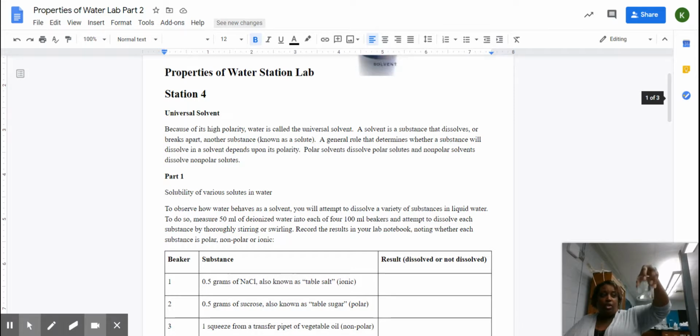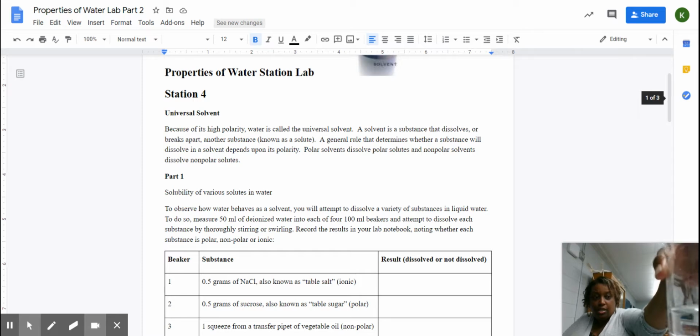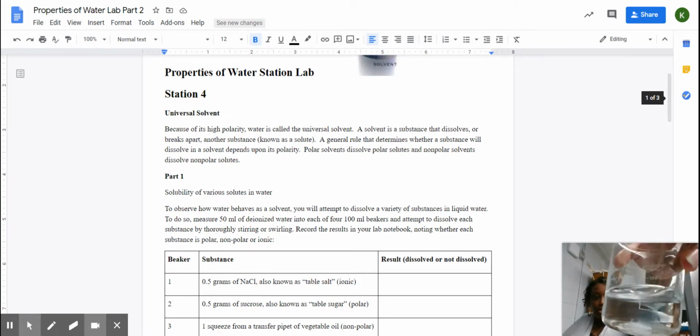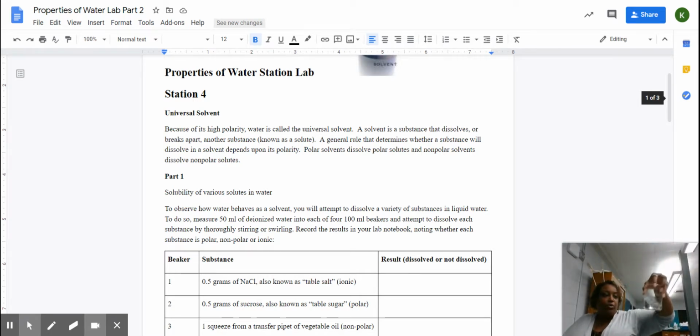And keep swirling. So notice, first of all, you can see the sugar in there. Keep swirling it around. And we're swirling, and swirling, and swirling.